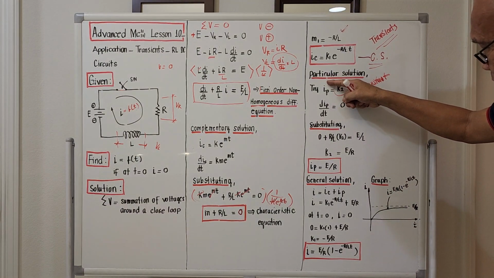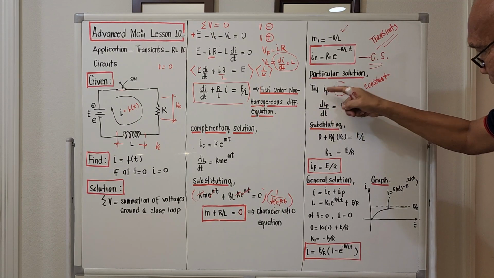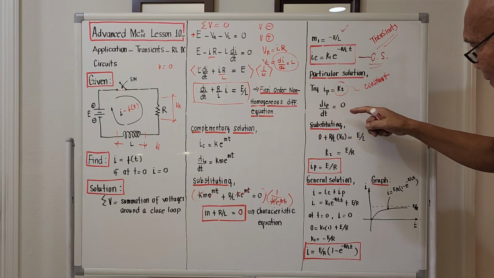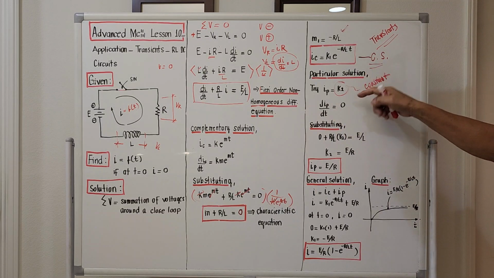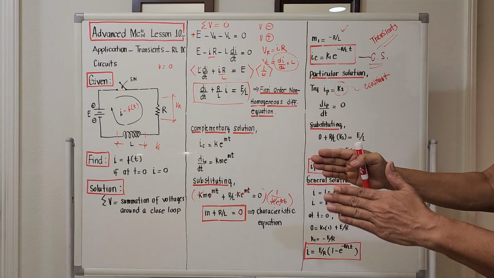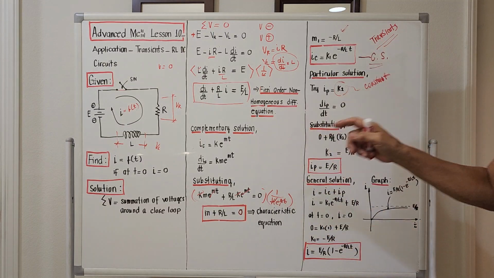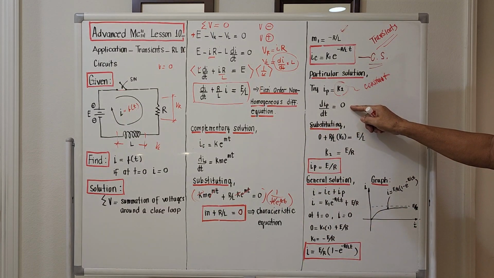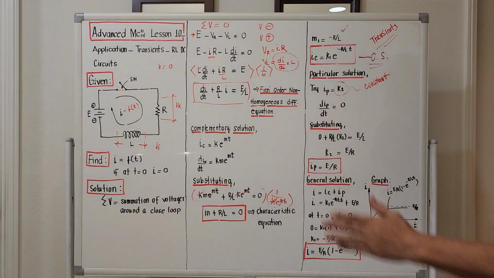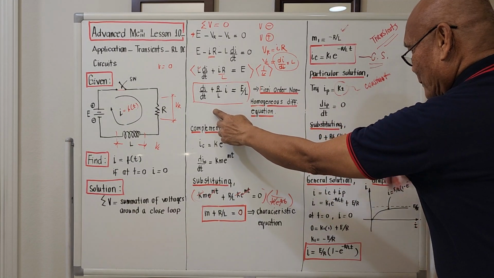Taking the first derivative of the assumed particular solution, dI particular with respect to time should be equal to 0, since K2 is constant and the derivative of a constant with respect to time is 0. Substituting, we'll go back here and place this value.